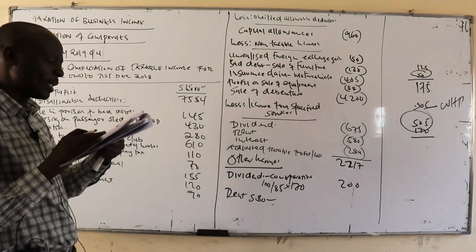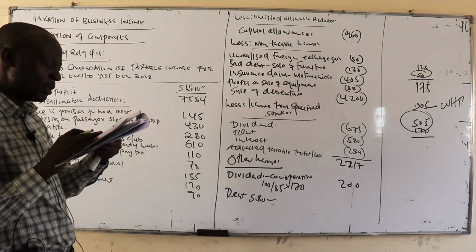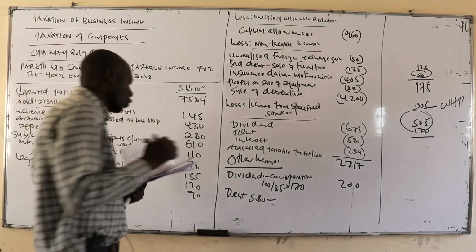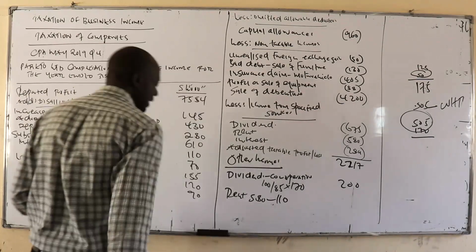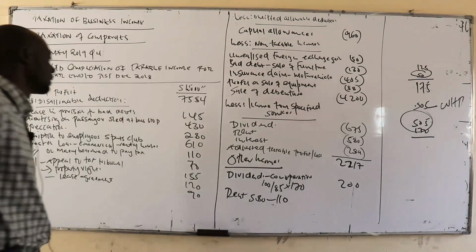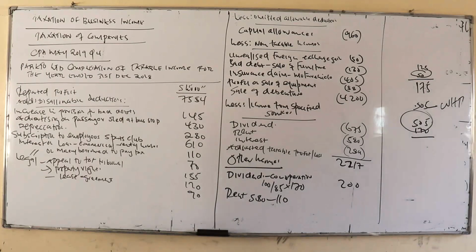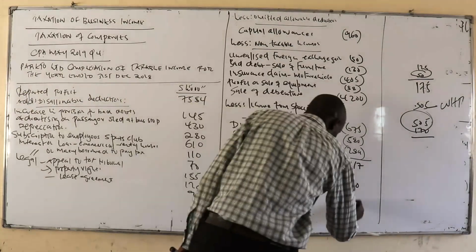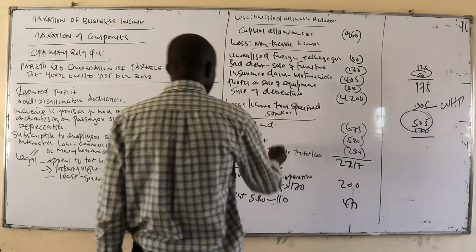So you're going to deduct 110. This is the interest on the commercial rental property. How much will you get? 170. And then we have interest.